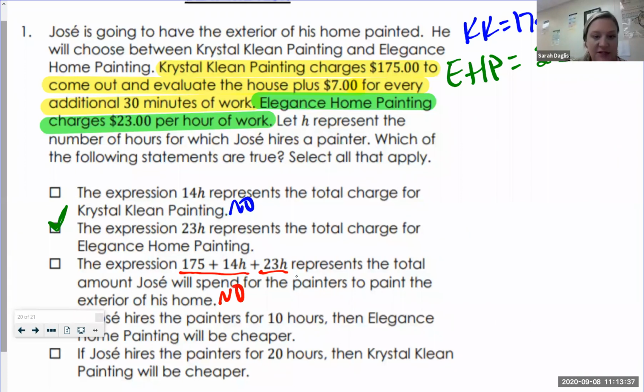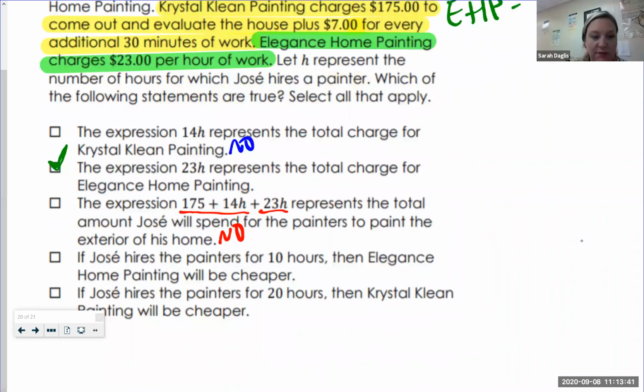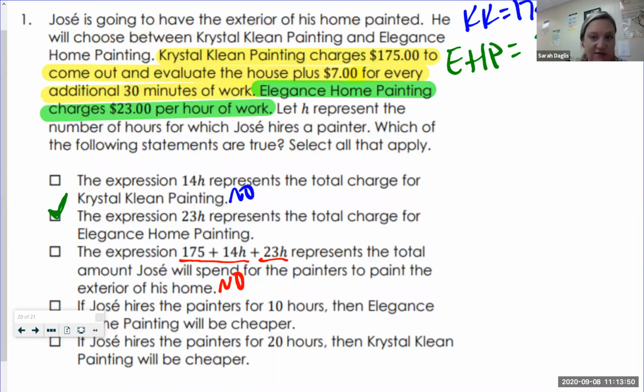If Jose hires painters for 10 hours, then Elegance Home Painting will be cheaper. Okay, well, let's see. What it wants me to do is hire them for 10 hours, so I'm going to take both of these expressions for the different companies and plug in 10.